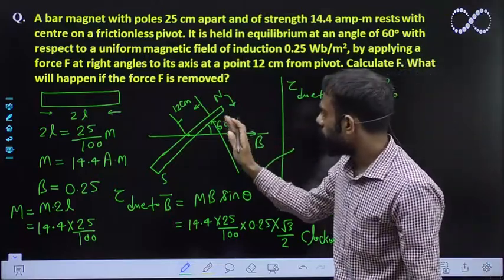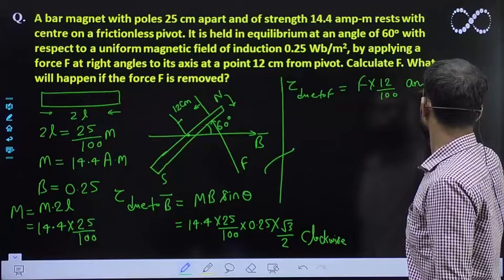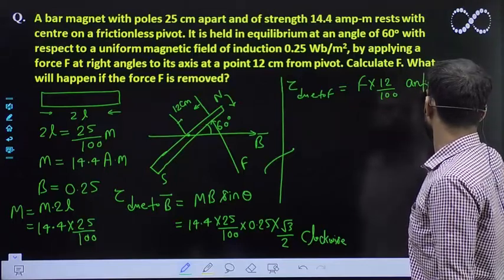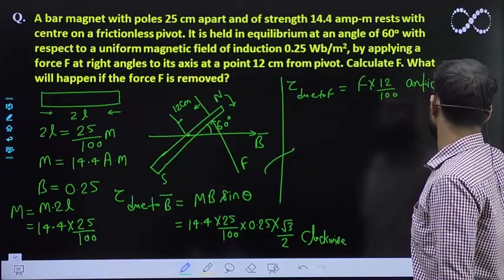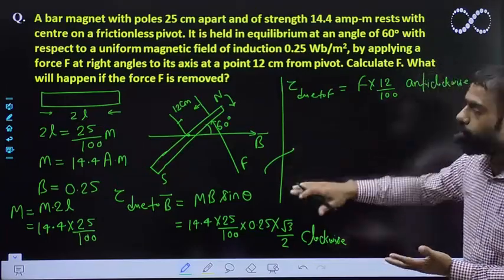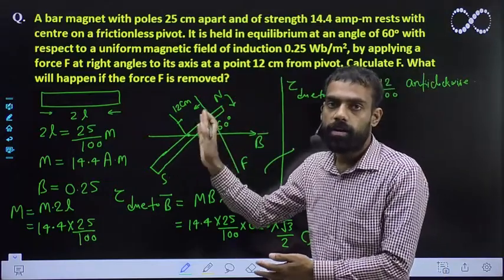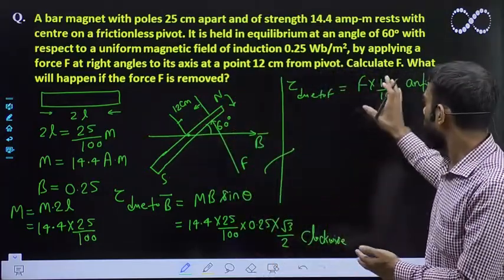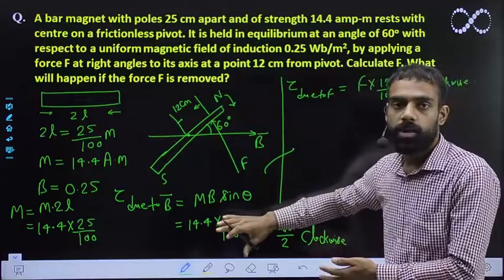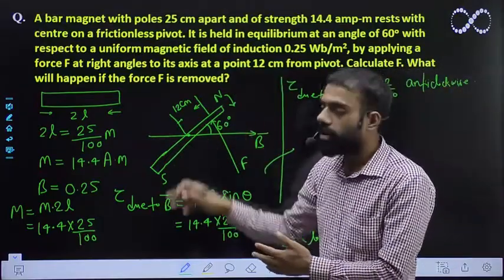Due to this force, the torque will be in the anti-clockwise direction. Now due to both these torques, the bar magnet is at rest, so the magnitudes of these two torques must be equal. Then only they can cancel each other and the bar magnet will come to rest.